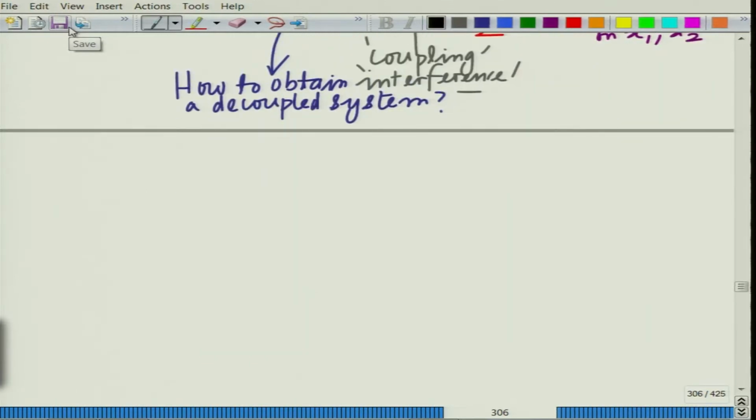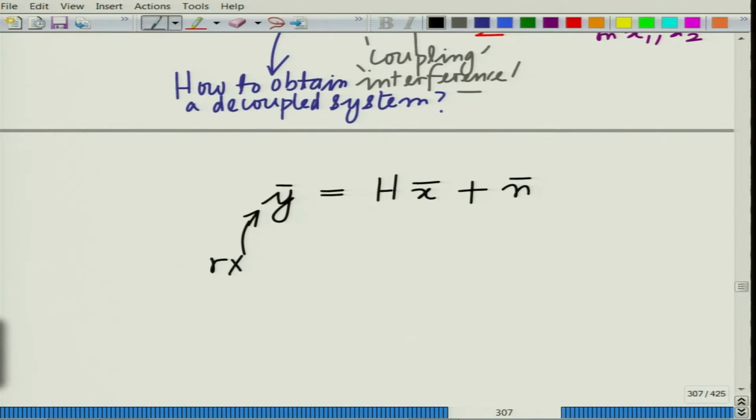Now, let us look at the channel. This is our model: y bar equals H x bar plus n bar. This is our receive vector, R dimensional, containing the symbols.